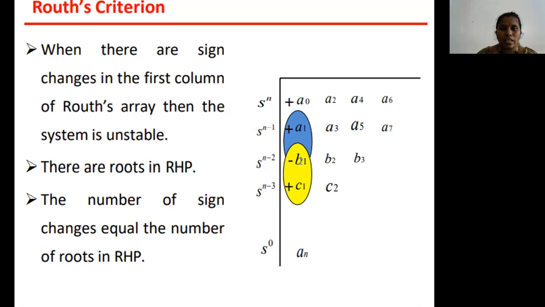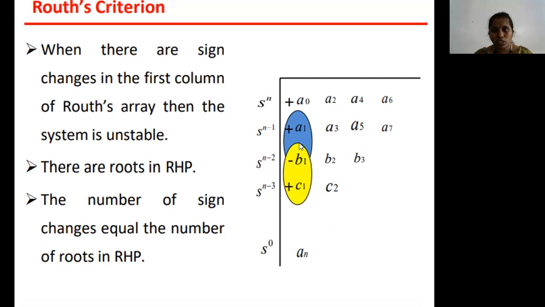Why? Because if there exists a sign change, the roots are located on the right hand side of the S-plane. Is it right? So we can say this system is an unstable system, because there are sign changes existing here.